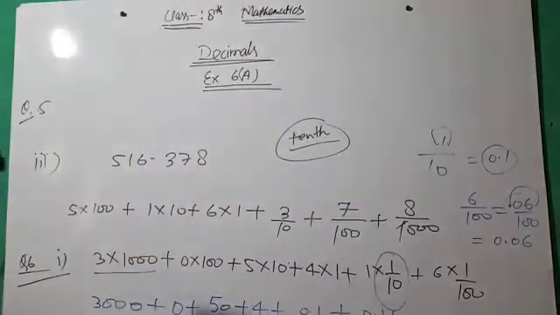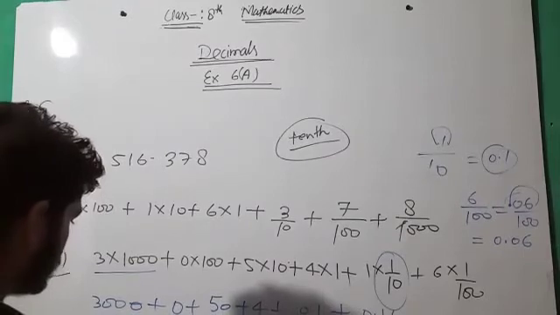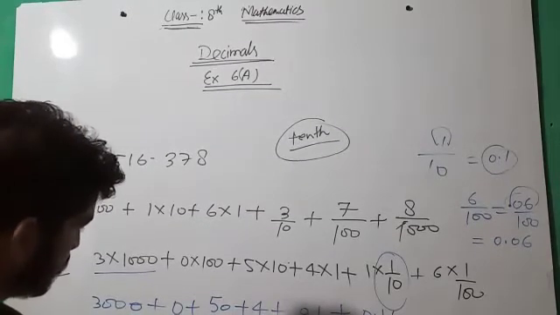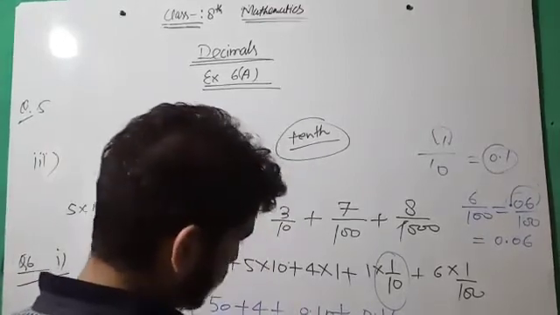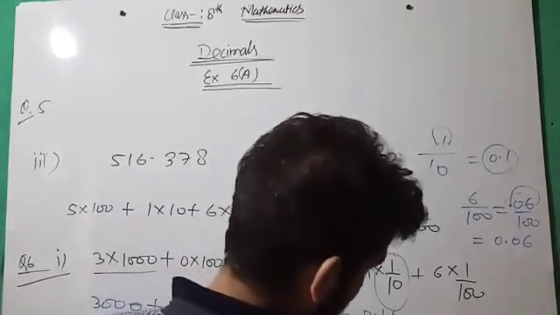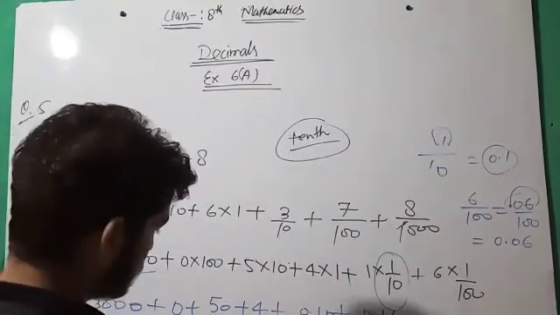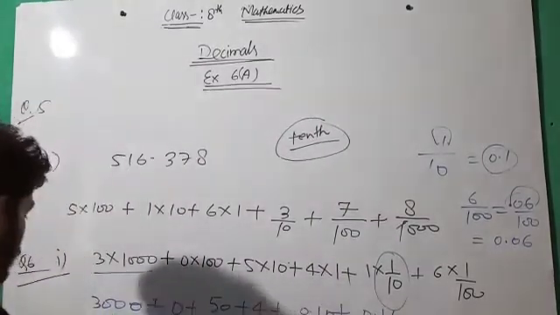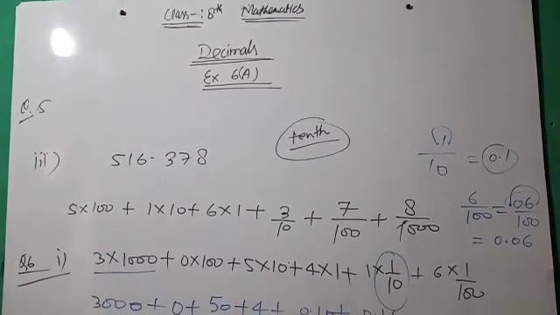Now add all the numbers: 3054.1. 10 plus 16 is 26. So we have to just add these values. This is the short form of this number. Okay.